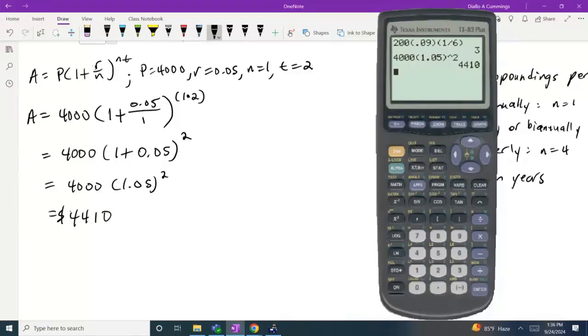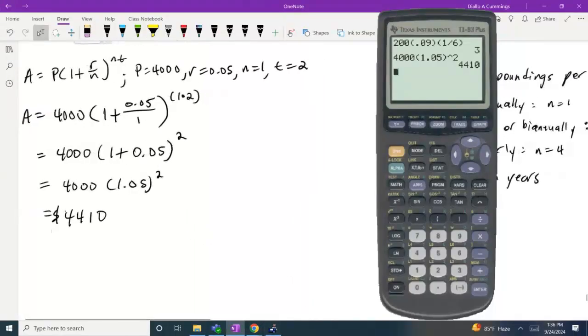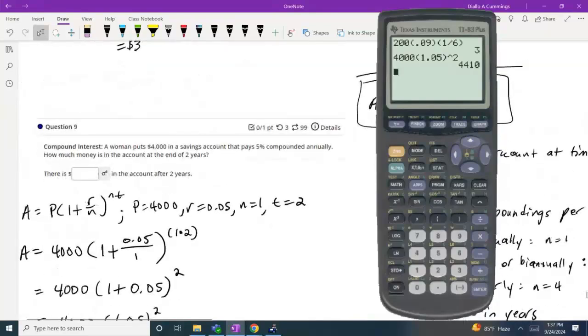So this formula gives you the amount that's going to be in the account. It adds that interest back to the principal. Okay, any questions about number 9?